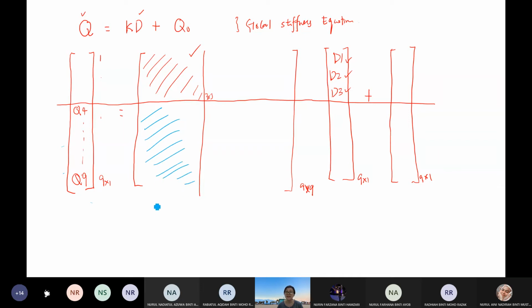In our problem just now, the answer requested is D1 to D3. Therefore, this region, let me name it K11, must be found. Then we also need the answer for support reactions, so this K21 must be found also.